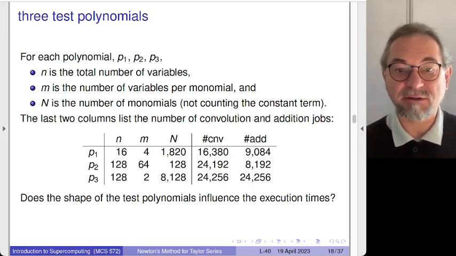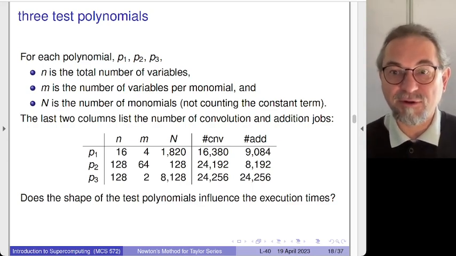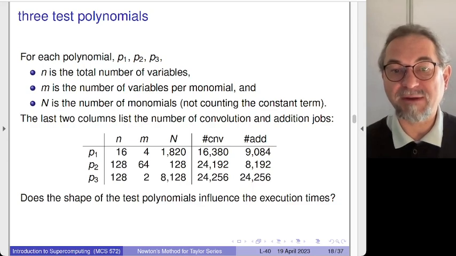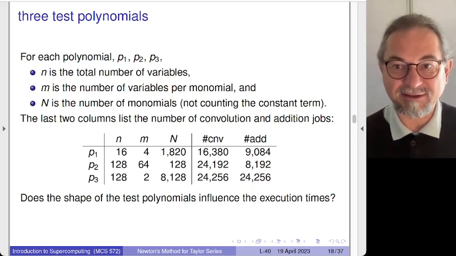The last type of polynomial is a sum of quadratics. So essentially the little m is 2. Every monomial is a quadratic monomial, but you have 8,000 of them. In generating these test cases, you can do this completely synthetically.